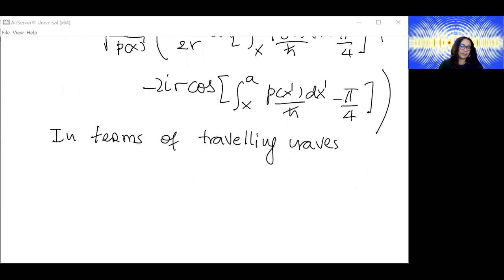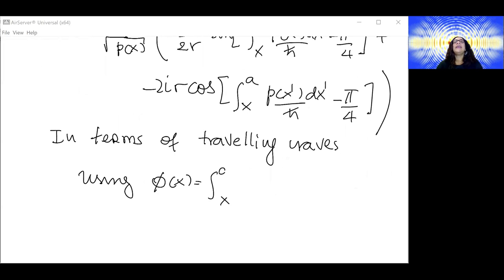And what we can do is let's consider phi(x), from x to a, the integral of p(x') dx' divided by h bar minus pi over 4.